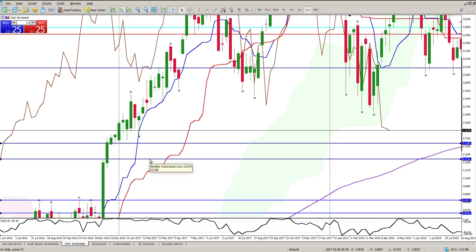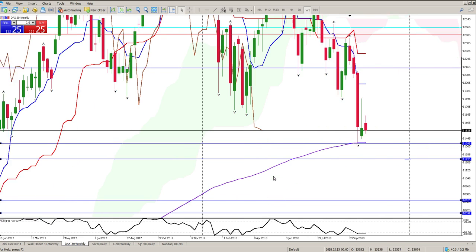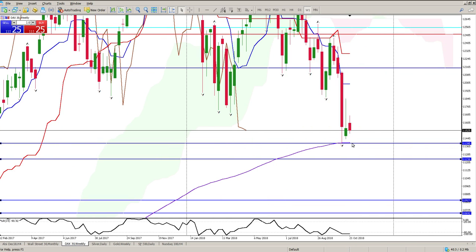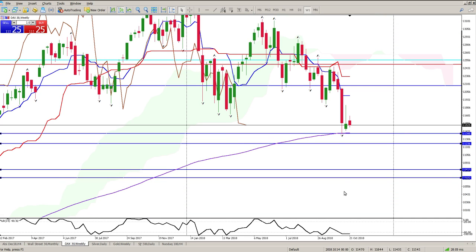Then you have 11,235, and then you have 10,825. Okay, but I wouldn't get too excited because I think 11,395 will hold up price somewhat. And the question is whether it's going to hold it up properly or whether we move to the downside.